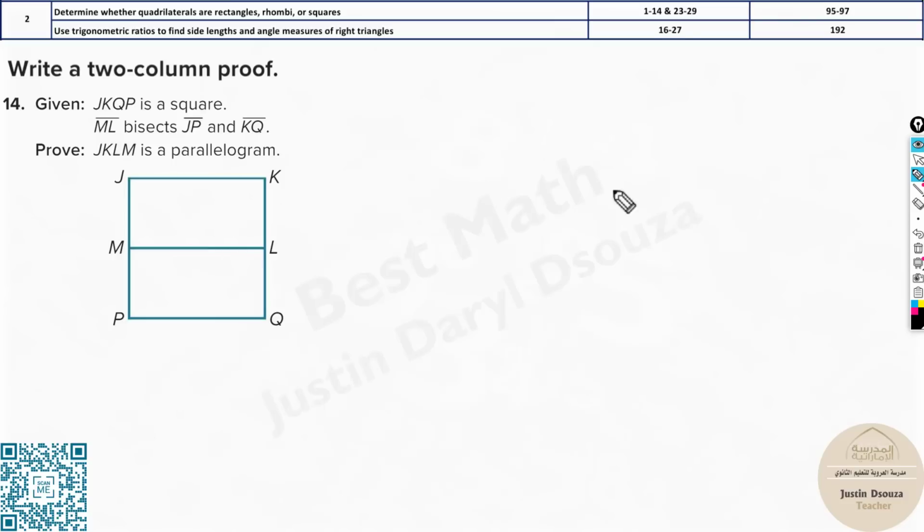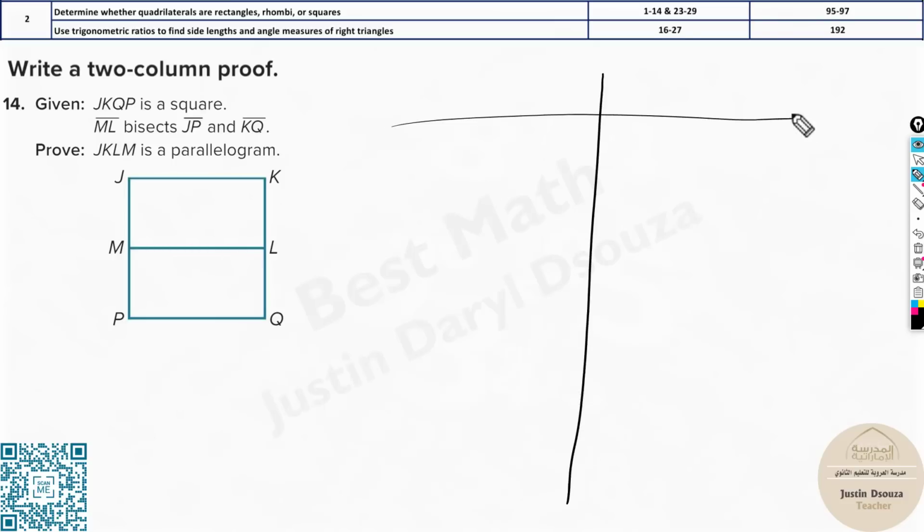Now, how would we do this? Again, same thing. Statement, reason. Let's write it out. First thing will be given, this entire thing over here. That's given. And then let us see what we can use. We need to just prove this to be a parallelogram.